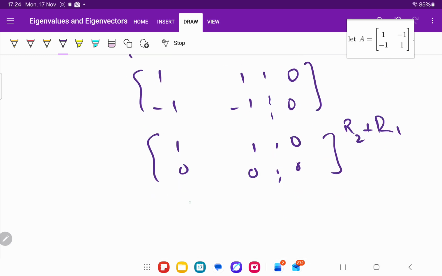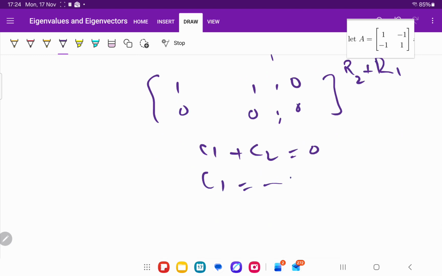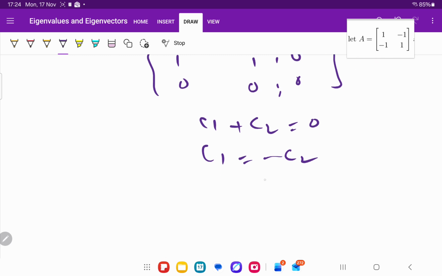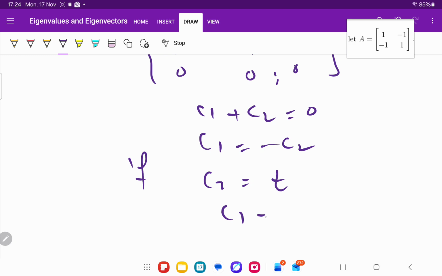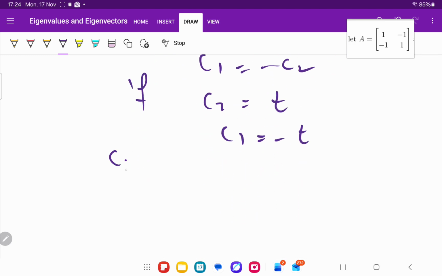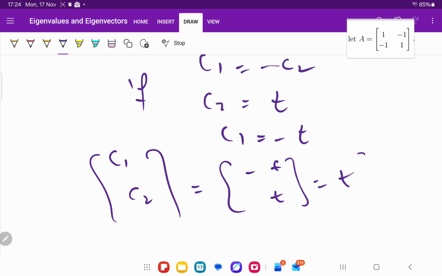So it means that C1 is equal to minus C2 because C1 plus C2 equal to 0. So C1 equal to minus C2. If C2 equal to T, then putting the value of C2 in C1 is minus T. So it means that C1, C2 equal to minus T and plus T. If you take T out, minus 1 and plus 1.